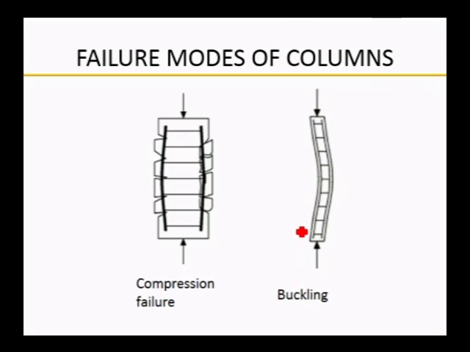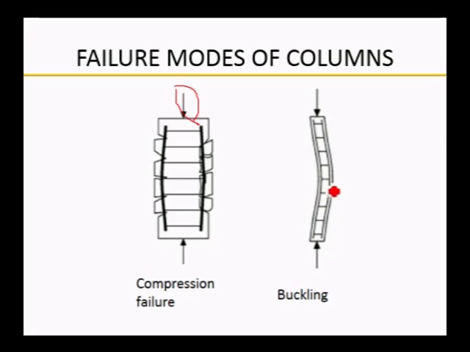How do columns fail? You can observe here, this is the load acting. This is a compressive load. When compressive load acts, columns fail by compression failure, that is crushing. You can observe here cracks on the column, or the column may fail by buckling.